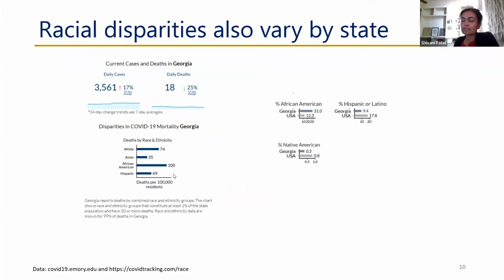And this is not a formal analysis, but one thing I was noting is that, as far as minority populations go, the African American population in Georgia exceeds the national average, whereas the Hispanic Latino population is lower than the national average in the state of Georgia, as is the Native American population. So that's what you see on the right-hand side of these comparisons of Georgia to the USA with respect to some of these demographic characteristics.